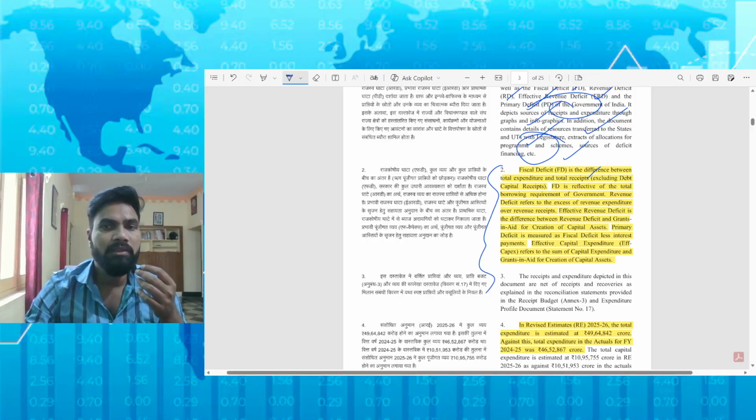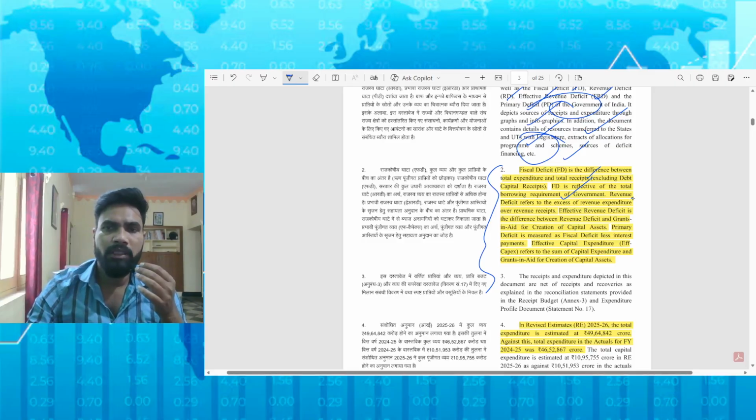What is the significance of fiscal deficit? Fiscal deficit is reflective of the total borrowing requirement of the government. When we say that the fiscal deficit is this much, indirectly we are saying that the government has to borrow this much money in this financial year.